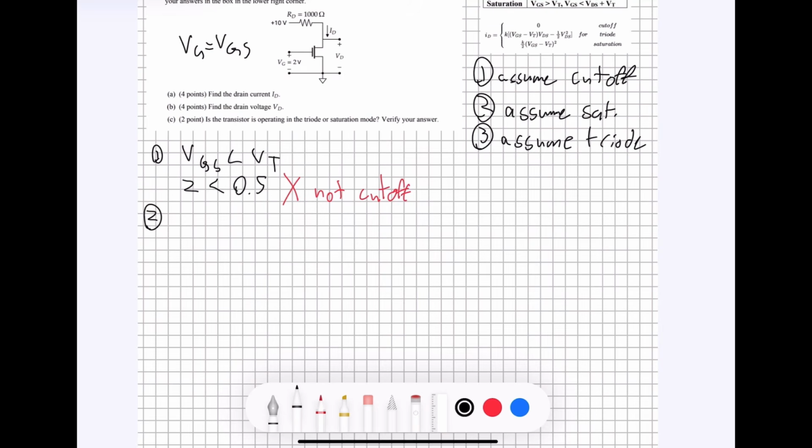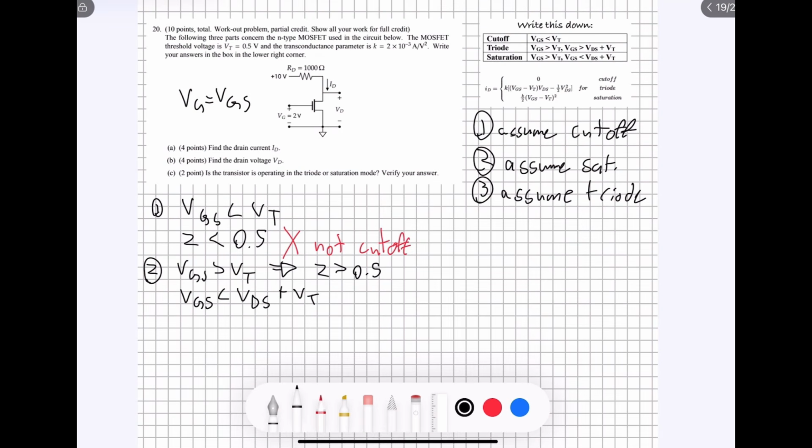So in order for saturation mode to be correct, VGS must be greater than VT, which we've already determined is correct because 2 is greater than 0.5. But also, VGS should be less than VDS plus VT.